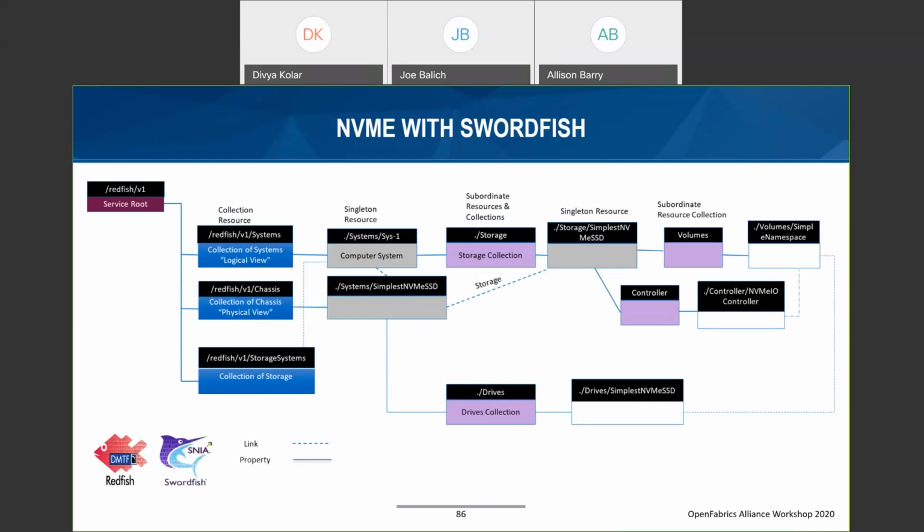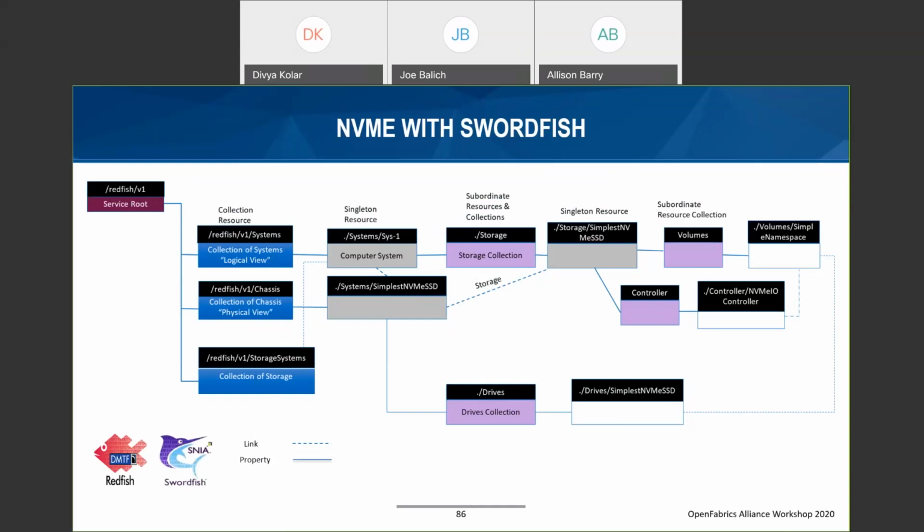The volume is called simple namespace, which sits under the volume collection under the simplest NVMe subsystem. And we see that there is an NVMe I/O controller that is under the controller collection, and again that is also sitting under the simplest NVMe SSD subsystem.